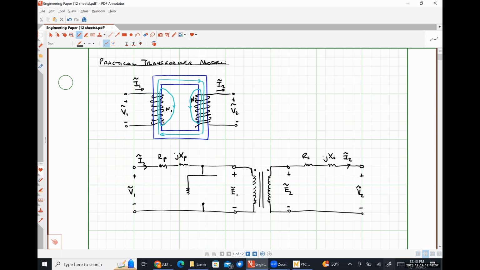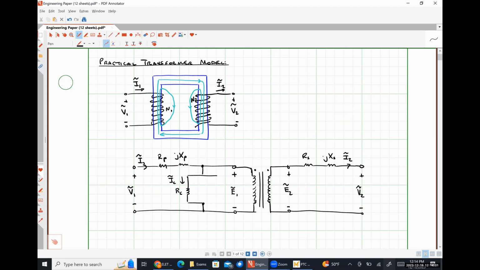I'm going to have some resistance here, R sub C, that represents my core losses that we've talked about already. And I'm also going to identify a core current I sub C, like so.